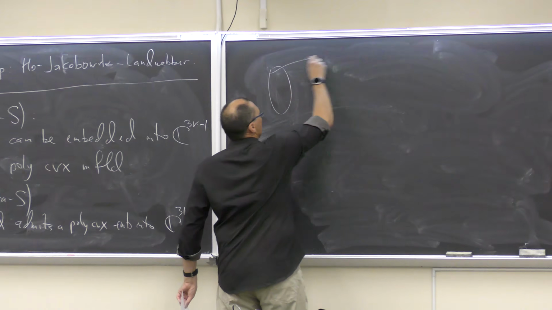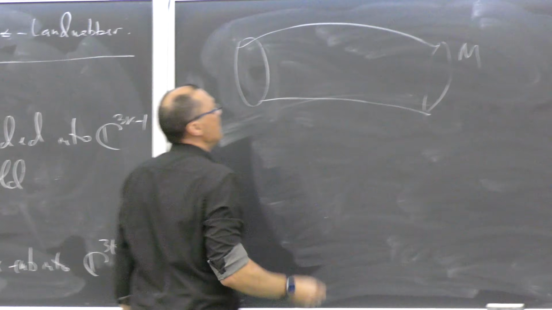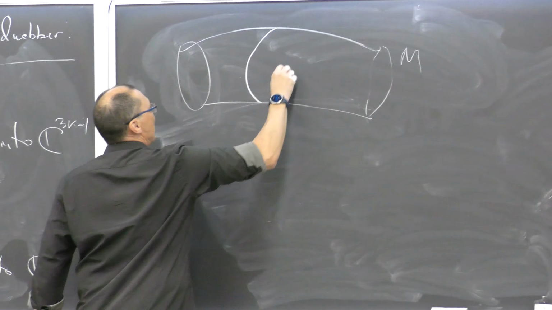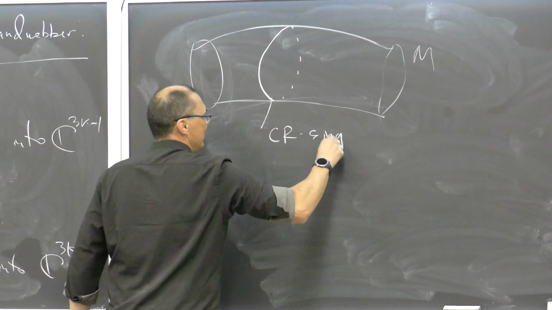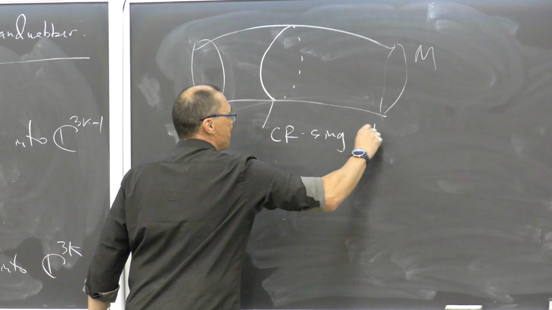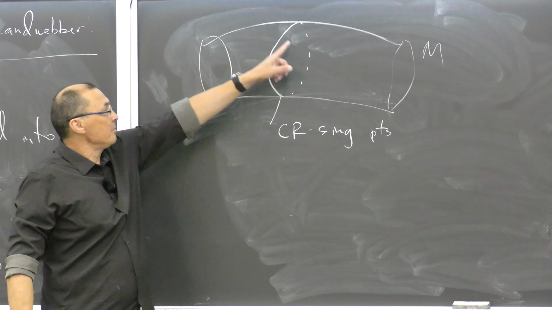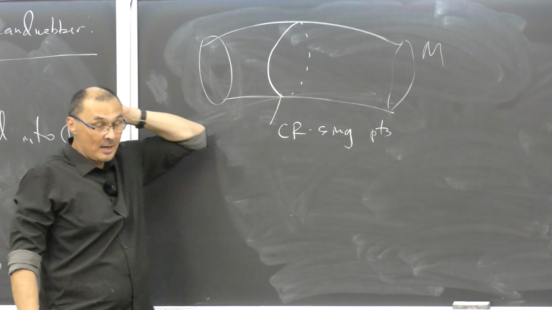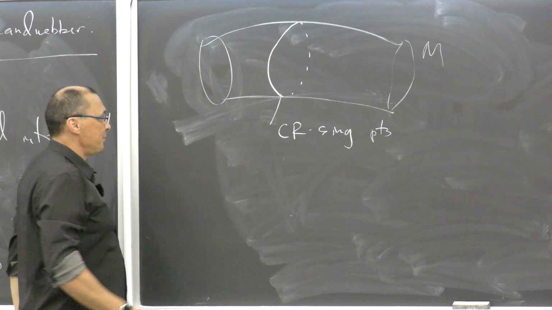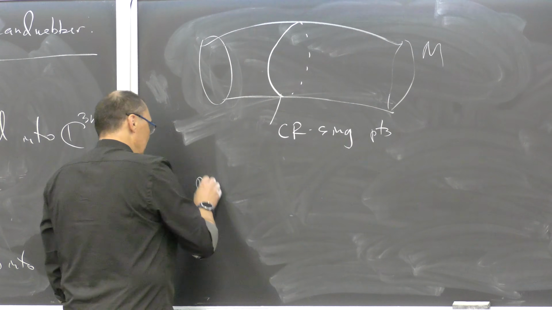schematically draw a picture. So let's say that this is my manifold M, and inside, somehow, I have these CR singular points, which form a circle. The circle itself may be non-polynomially convex, we don't know. But the idea of the proof is to come up with a model.